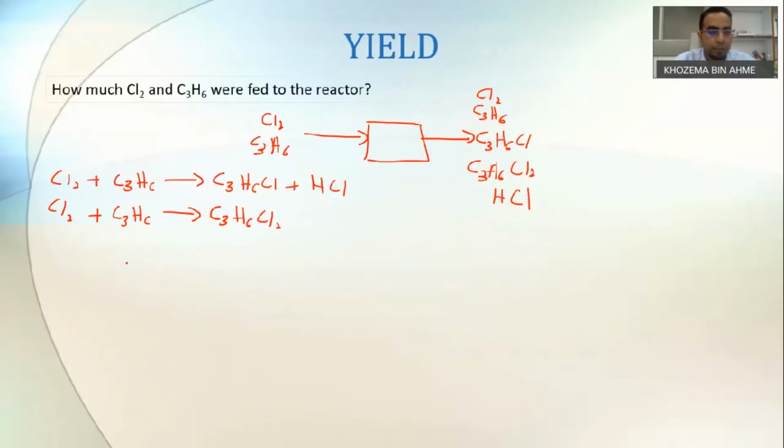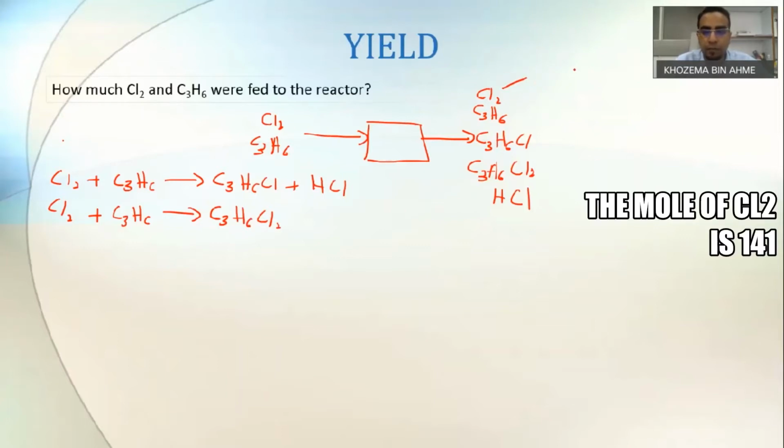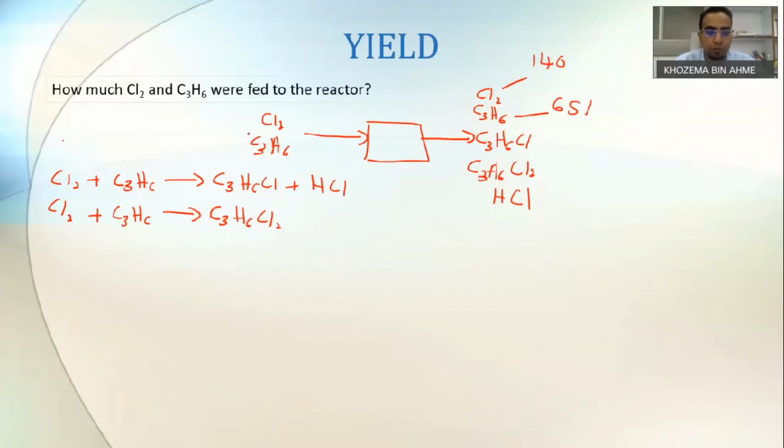So we know that at the end of the reaction we still have 140 of Cl2 left and also 651 of propane left. So now we want to find what is the initial. So it would be easier if I write it here. So I can see here that the mole that we have on this product side is 140, and then for propane is 651. So we want to find what is the mole on this side.